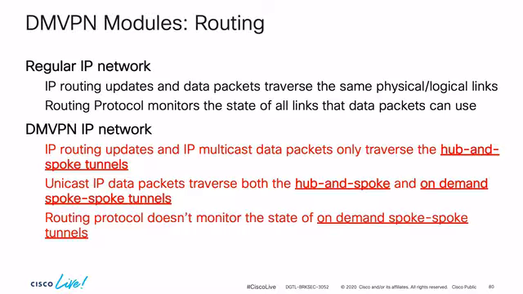This is a very important difference between running routing protocols on a regular IP network versus a DMVPN network. Also, the routing protocol doesn't monitor the state of the on-demand spoke-to-spoke tunnels, like it would on a regular IP network.